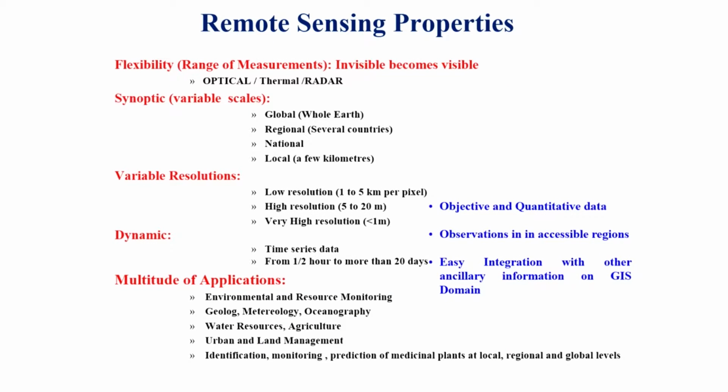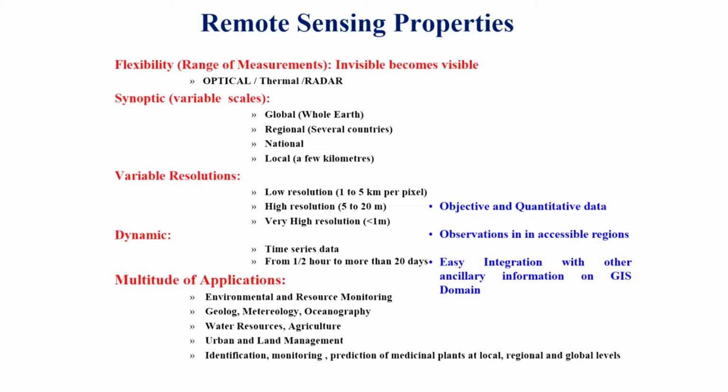So remote sensing provides flexibility, range of measurement, invisible areas, synoptic coverage, and variable resolution. The size of the grid which I mentioned is dynamic in nature. It can provide you time series, from data every half an hour to data sets across a few years or decades.